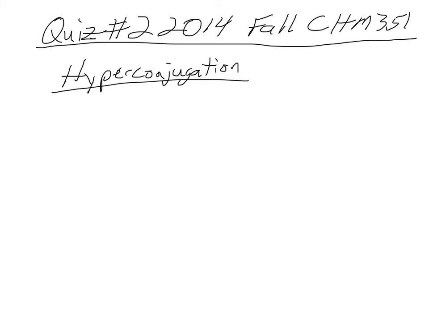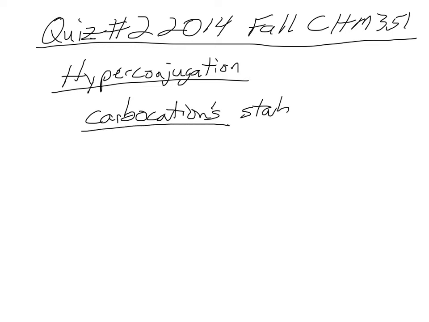So something about stabilizing a p orbital with some other sigma bond, right? More specifically, we were talking about an empty p orbital. So when do we have empty p orbitals? We have empty p orbitals with carbocations, right? So hyperconjugation has something to do with carbocation stability, actually.